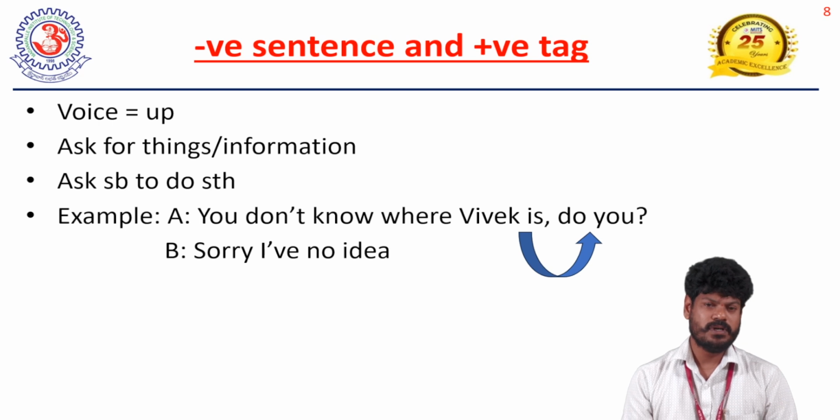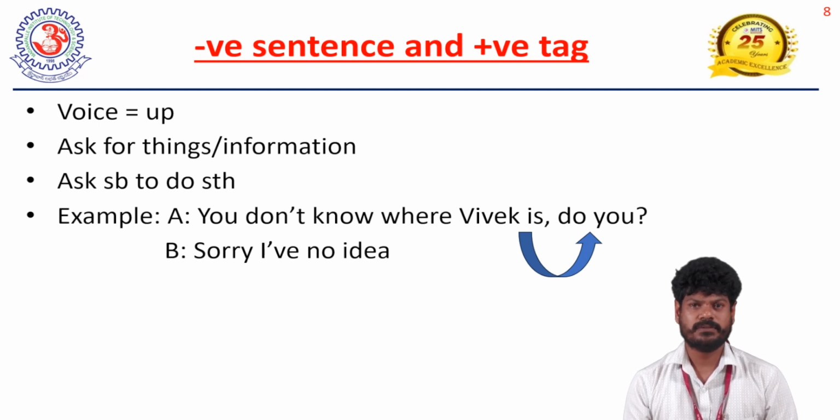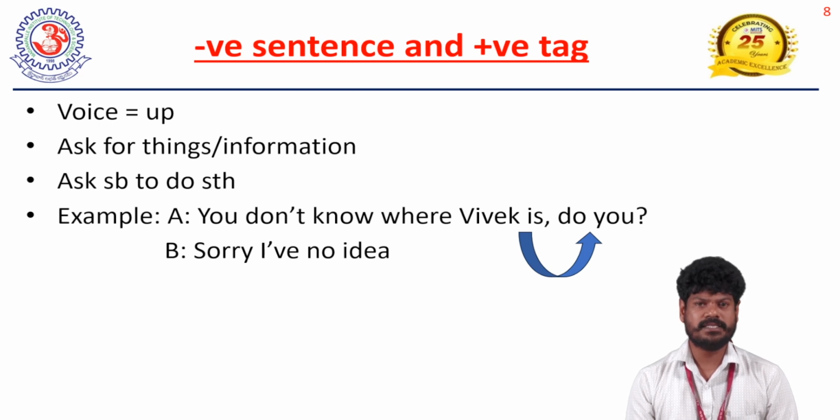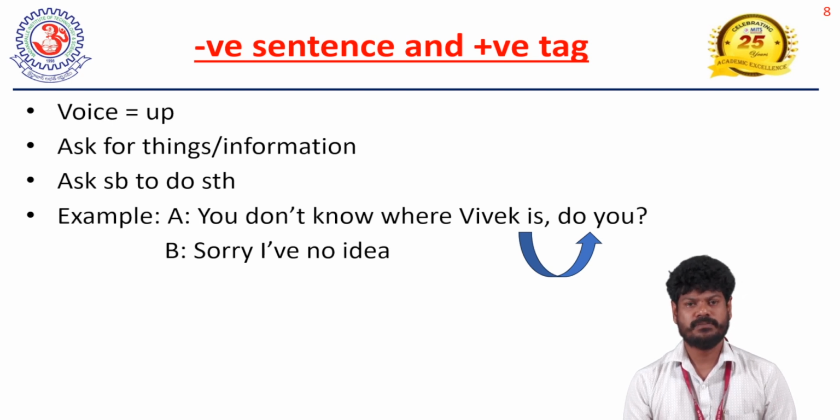Do you? My voice has gone up, and the meaning here is conveyed as I am asking for Vivek. So, in a negative sentence with a positive question tag, when a voice goes up, the meaning is that we are asking for things or for information or we are asking somebody to do something.